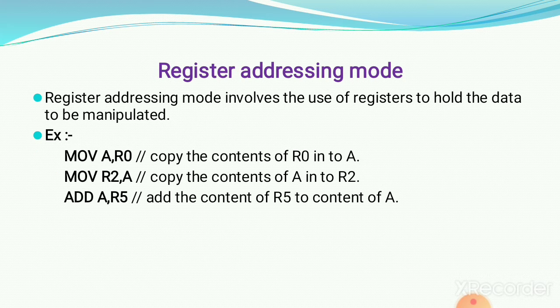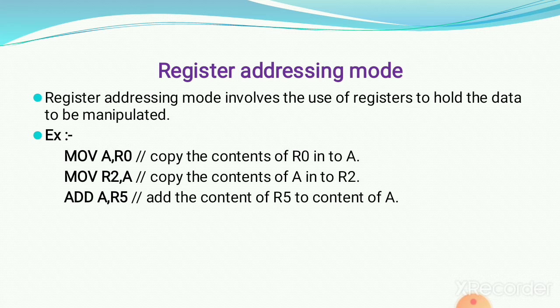Next, the second one is register addressing mode. Register addressing mode involves the use of registers to hold the data to be manipulated. In this mode, all operands, that is source and destination, are located in working registers.